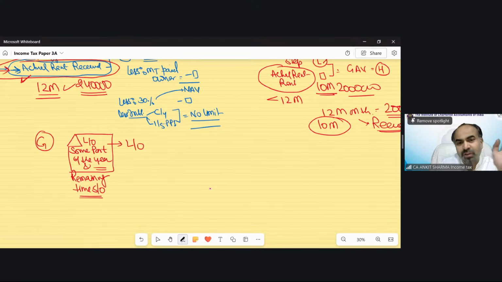That means suppose the property is let out for 7 months and the full property is self-occupied for 5 months. So in that property, either the tenant was there, and when the tenant vacated the property, we were there. Property was not vacant. Remember very carefully, because if the property is vacant with let out, that is case number F. So either the tenant was in the property or we were in the property.